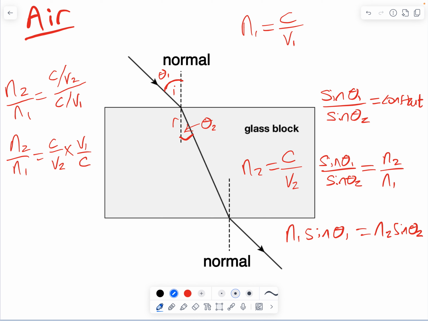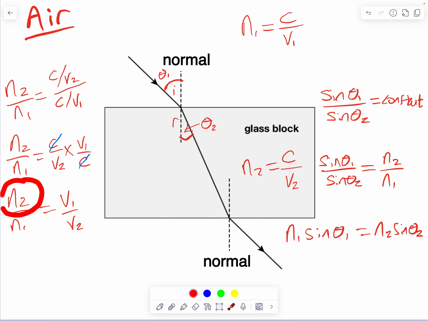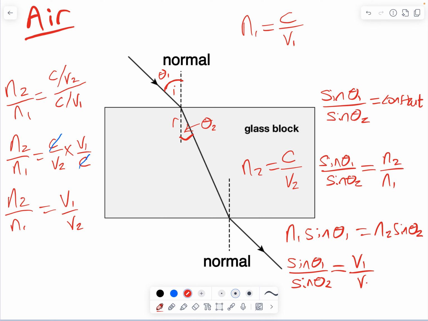And then you'll see that the c's cancel, and we can write n2 over n1 is equal to v1 over v2. All that's saying is that the refractive index in glass divided by the refractive index in air is equal to the speed of light in air divided by the speed of light in glass. So finally we can write Snell's law as sine theta 1 over sine theta 2 is equal to v1 over v2.